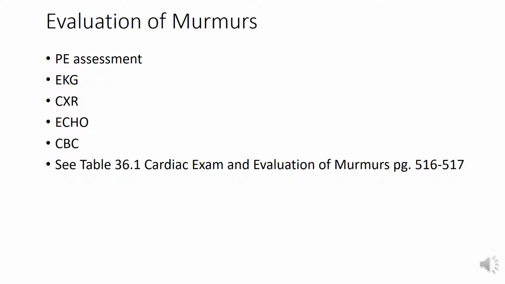There are 2 main valves that are going to cause most of the issues for you, and those are the aortic and the mitral valves. Your CBC you want to have done because those with profound anemia may have a murmur, and this is a correctable cause, and as soon as you get them transfused, the murmur disappears.